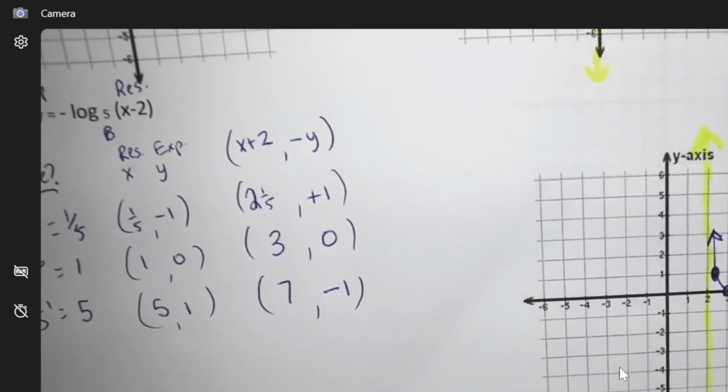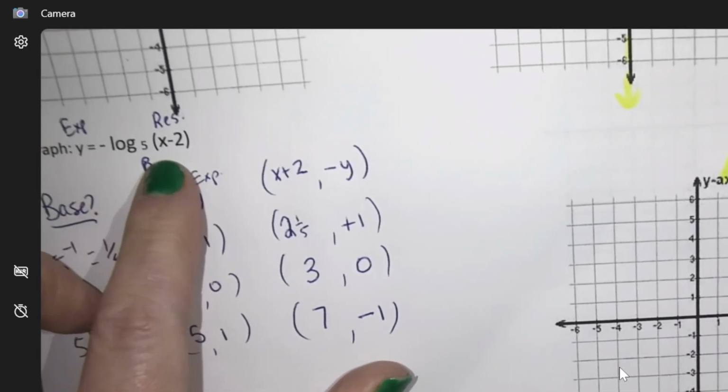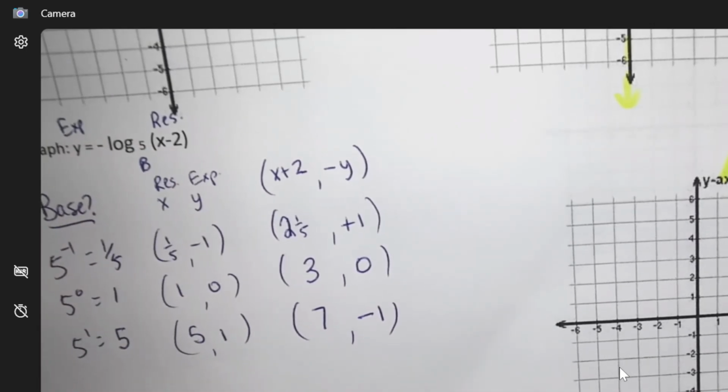Okay, so there's an asymptote at 2. Why? Because this is a shift to the right 2. So we have an asymptote, now it's moved 2 over.